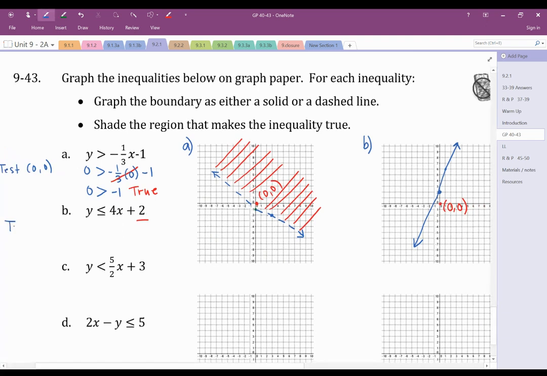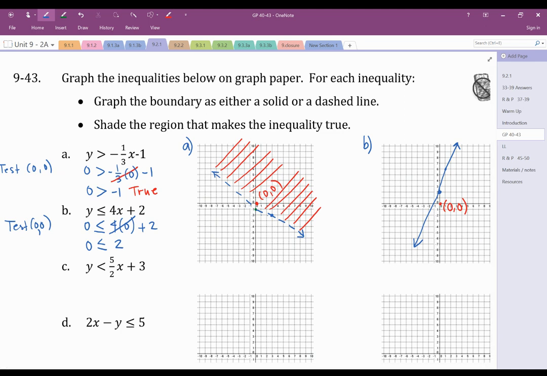So test 0, 0. So we have 0 is less than or equal to 4 times 0 plus 2. We cancel 4. Now 0 is less than or equal to 2. Is this true or false?